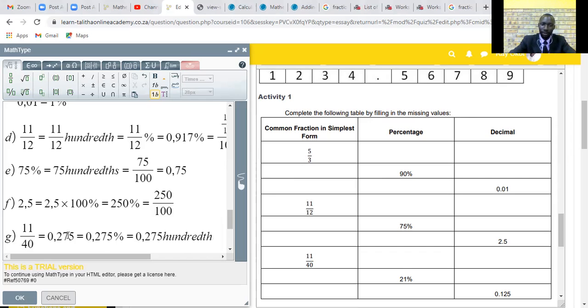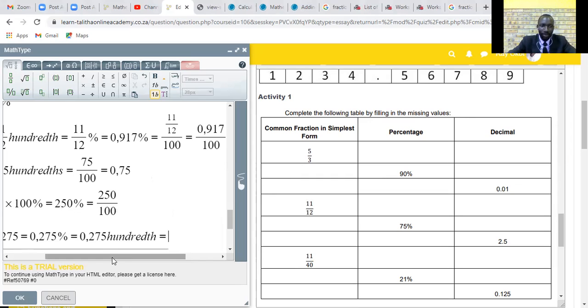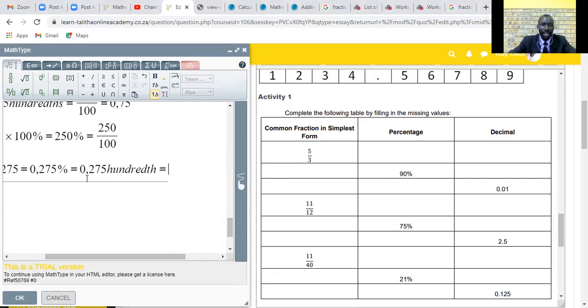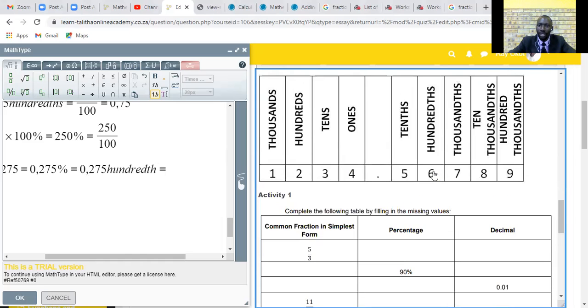That means, therefore, that to be considered a hundredth, from where the decimal point is, there must be 2 steps on the left. Because now we are referring to this first number, the decimal point must be 2 steps onto the left.